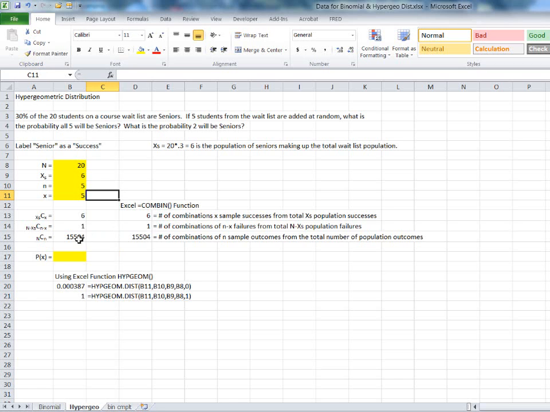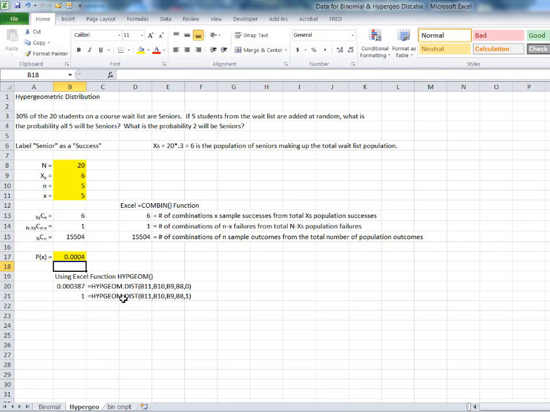And then there's a total of 15,504 ways in which 5 students of the 20 are chosen. It could be the first 5, it could be the last 5, it could be anything in between. There are over 15,500 ways that could happen. So we take the product of these two numbers and divide by the total combinations, and you get 0.0004.